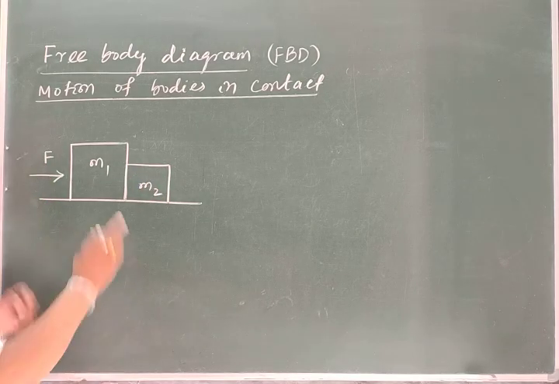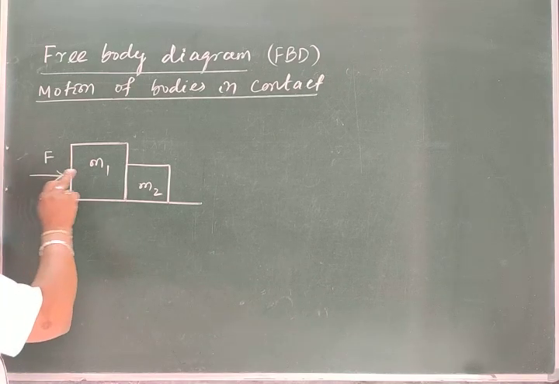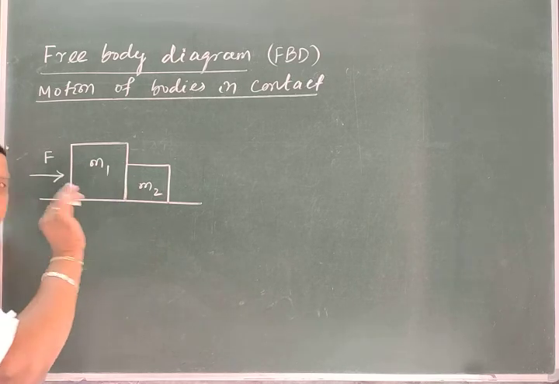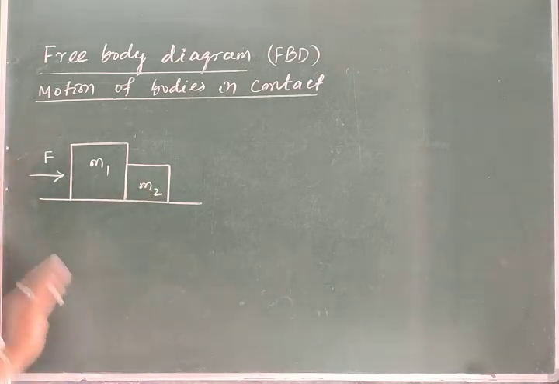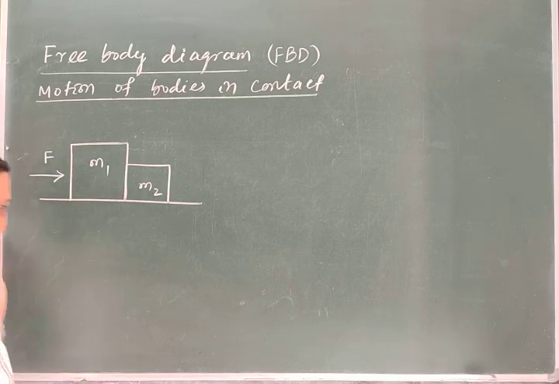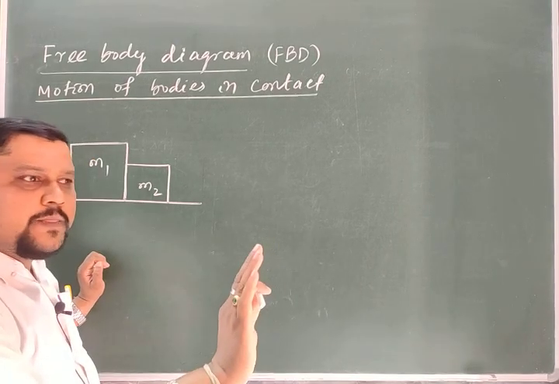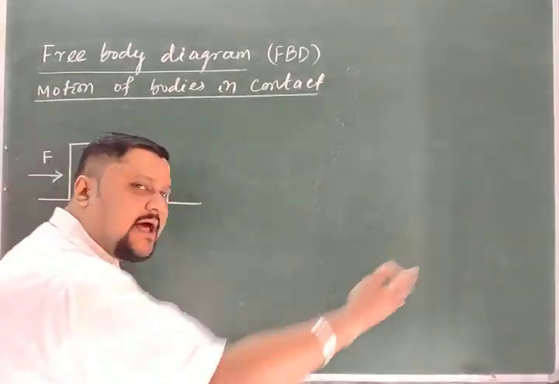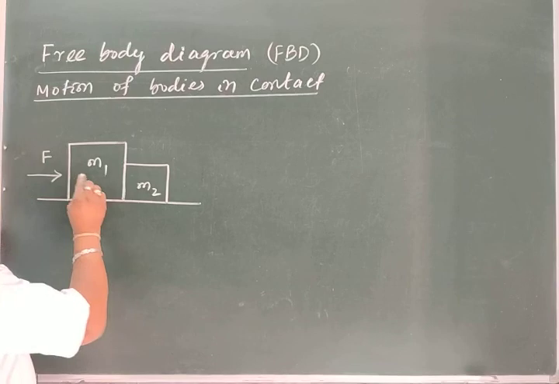But what is applied on m2? When F is applied on m1, m1 will push the mass m2, that is the action. If I pull, or give a force to you and another body is in contact with you, you will push the other body accordingly.